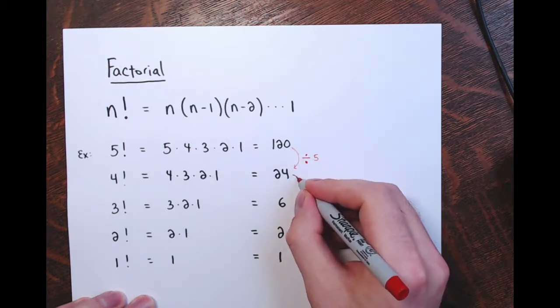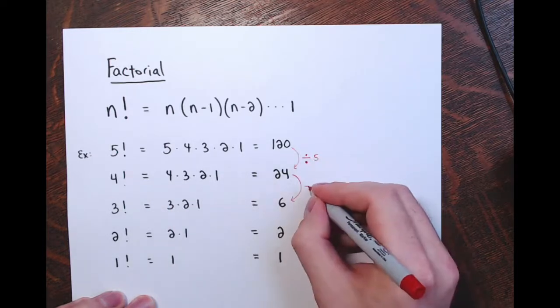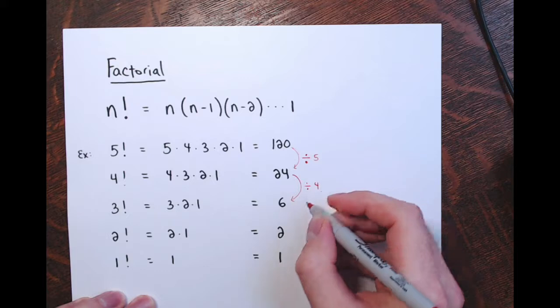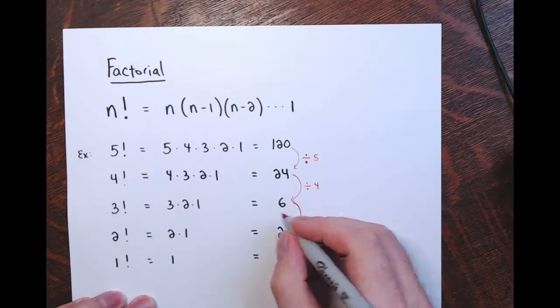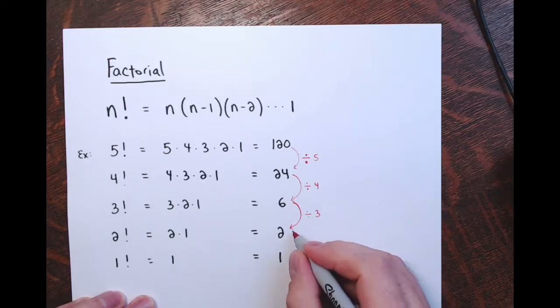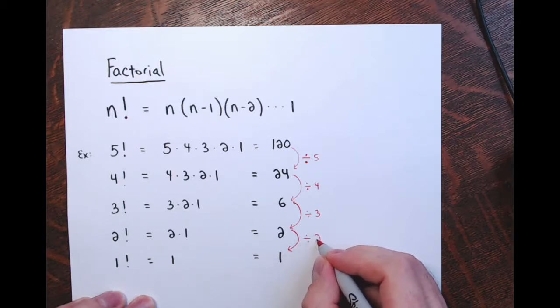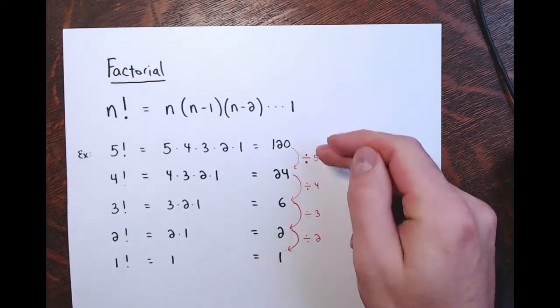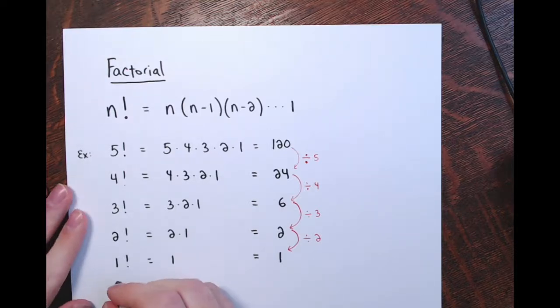To go from 4 factorial to 3 factorial, I just divided by 4. To go from 3 factorial to 2 factorial, I just divide by 3 and get rid of that 3. To go from 2 factorial to 1 factorial, I would divide by 2. So if you continue with this pattern, you can now state what 0 factorial is.